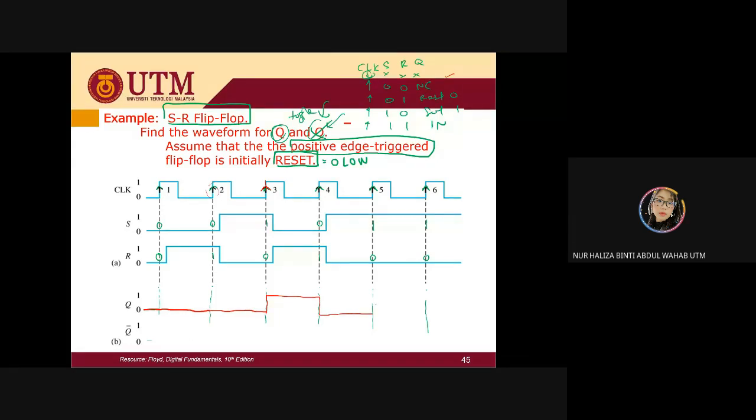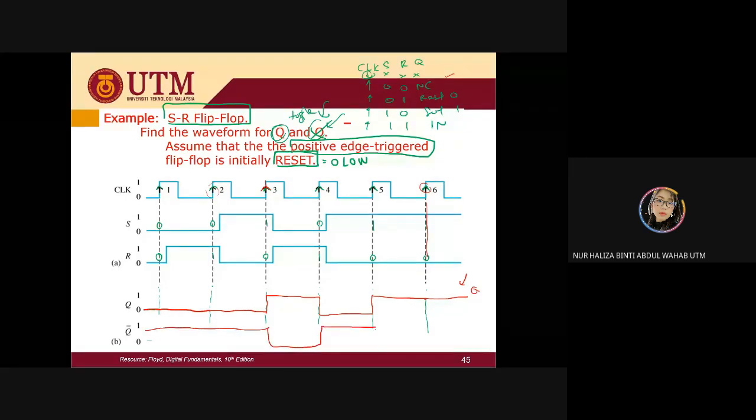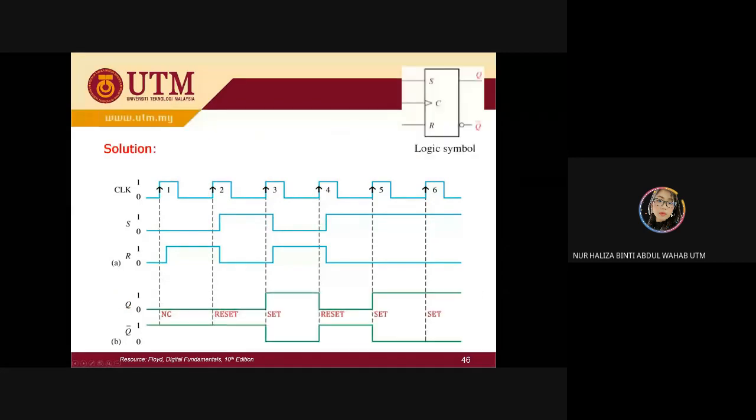Here is 1, 0, 1, 0 will be set until the next one. Here is similar. So this is my output of Q. And of course, the Q bar will be just a toggle of my Q. So this is my output and my answer.